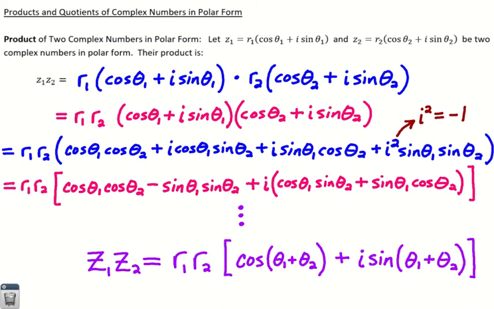This purple formula will end up on a formula sheet that you will have on the test eventually. And the final formula ends up being so simple, right? You just take the two numbers you were given, multiply the radii together, and then just add the two angles, theta1 plus theta2.